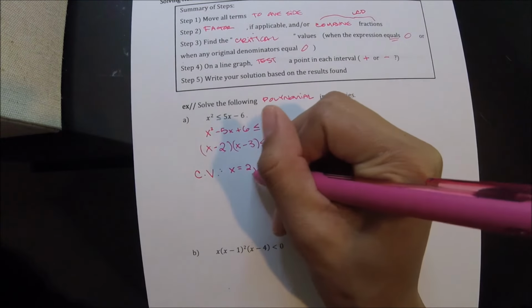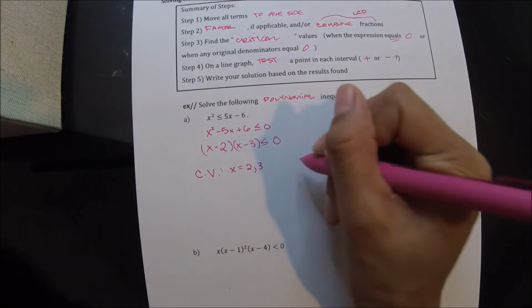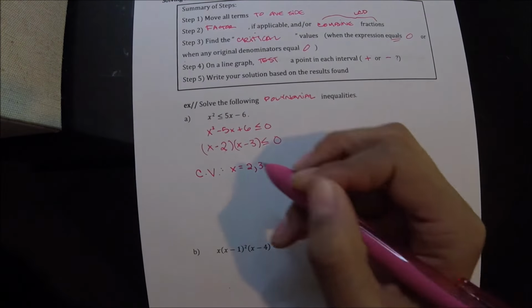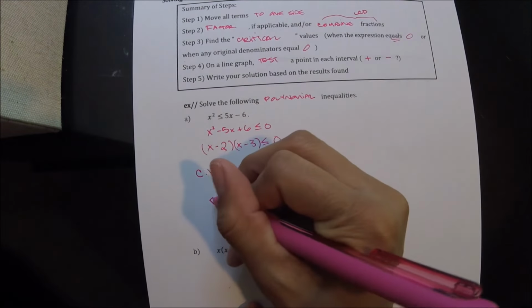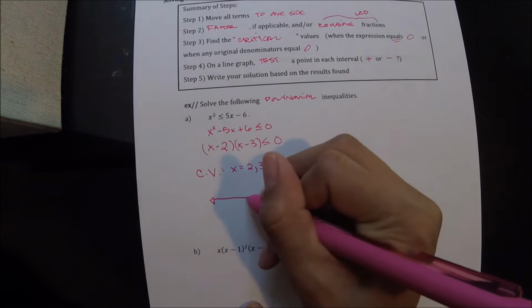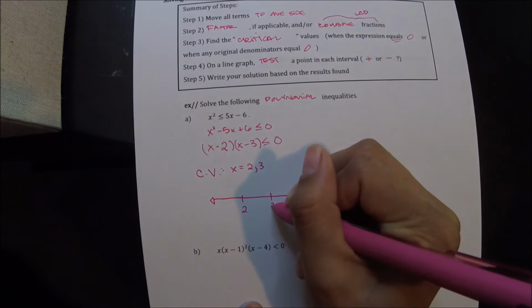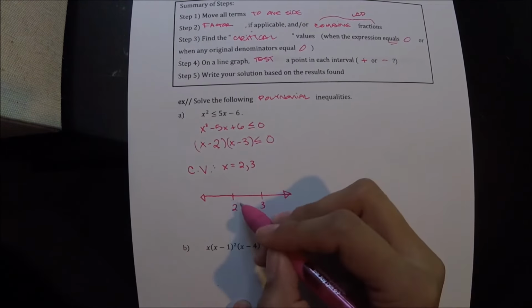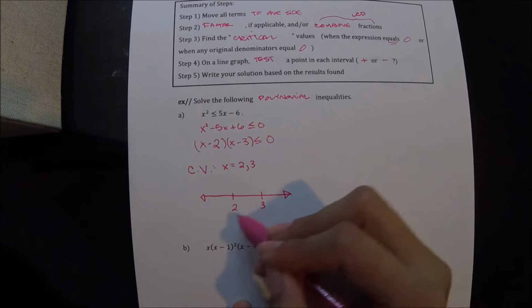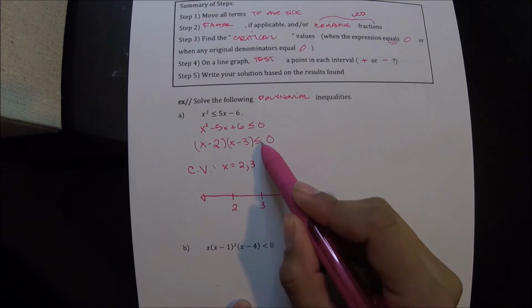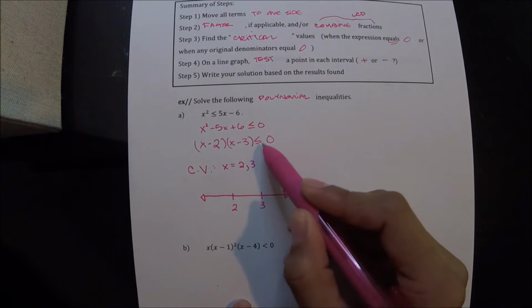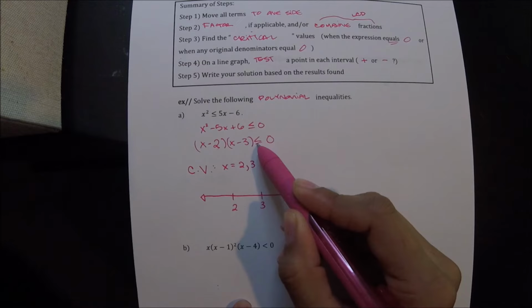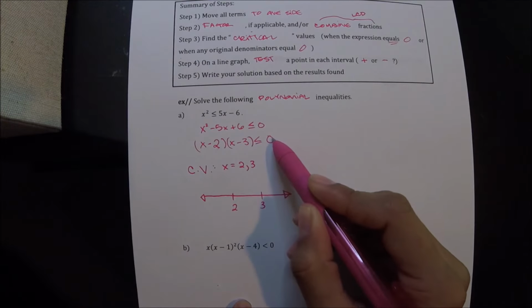So these two, we're going to plot on a number line. Also, we need to decide whether we're going to put open or closed circles. According to this symbol right here, it says equal to. It could be less than or equal to 0.